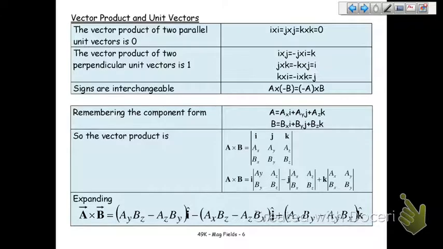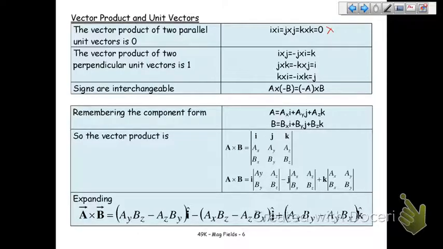So i crossed with i must be 0 because they're parallel, and j crossed with j must be 0 because they're parallel, and k crossed with k must be 0 because they're parallel. Now, because this is a cross product, I can't just say the answer's 1 when they both count. So i crossed with j gives me an answer of 1k.